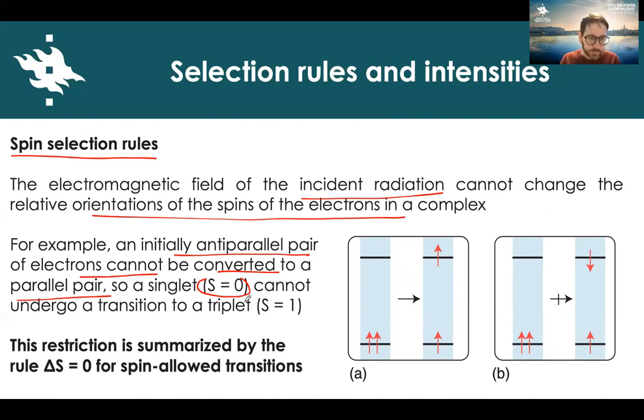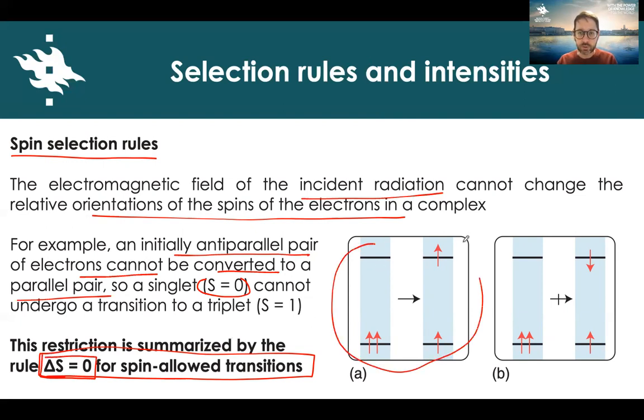Therefore, for a spin-allowed transition to take place, we can only have electronic transitions for which there is no change in the multiplicity of the terms. So no change in the multiplicity of the spin. This is forbidden, for example.